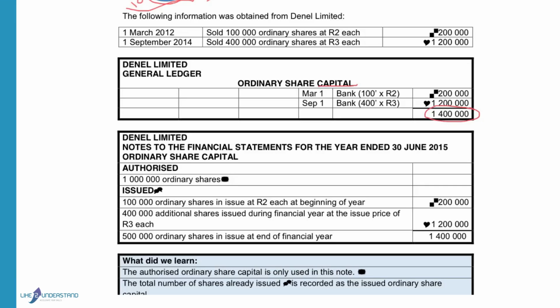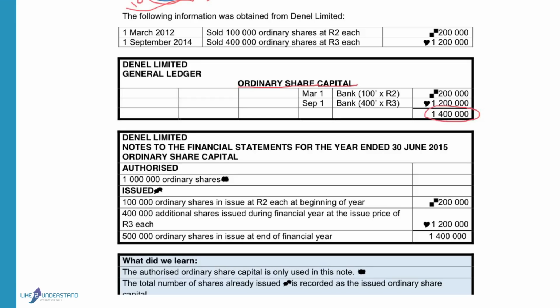So to determine where the company got the capital, they will say which type of shares were sold to obtain this 1.4 million. So they will have an ordinary share capital account, a preference share capital account, a cumulative preference share capital account. In the school, you only have to do ordinary share capital.